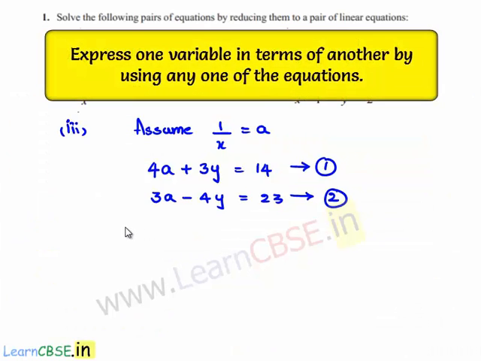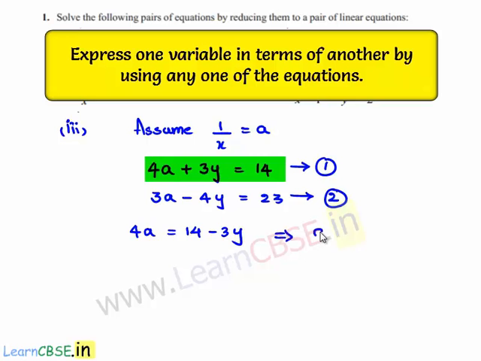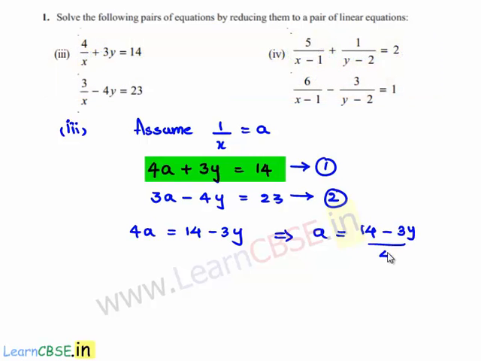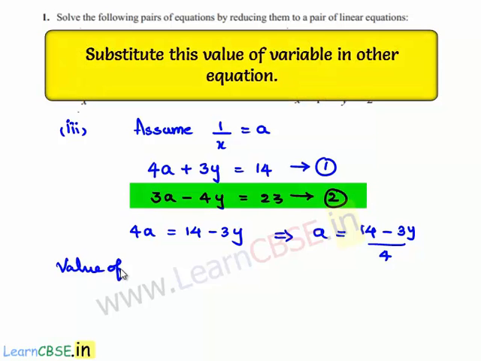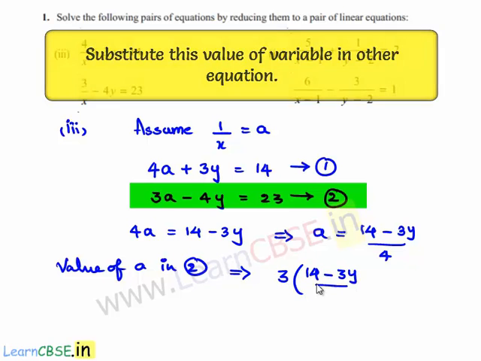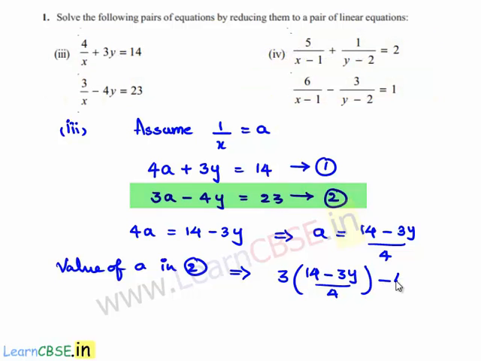So the first equation can be written as 4a is equal to 14 minus 3y, which implies a is equal to 14 minus 3y divided by 4. Now substitute the value of a in equation number 2. We'll be getting 3 times 14 minus 3y divided by 4 minus 4y is equal to 23.